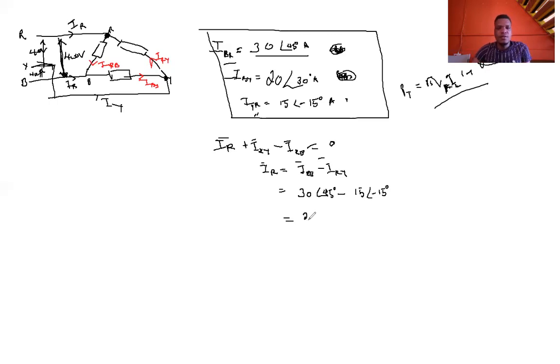Okay, so I'm going to have a 21.21 plus, okay, obviously that's 45, so it will be the same, 21.21 minus, now I have 15, negative 15.